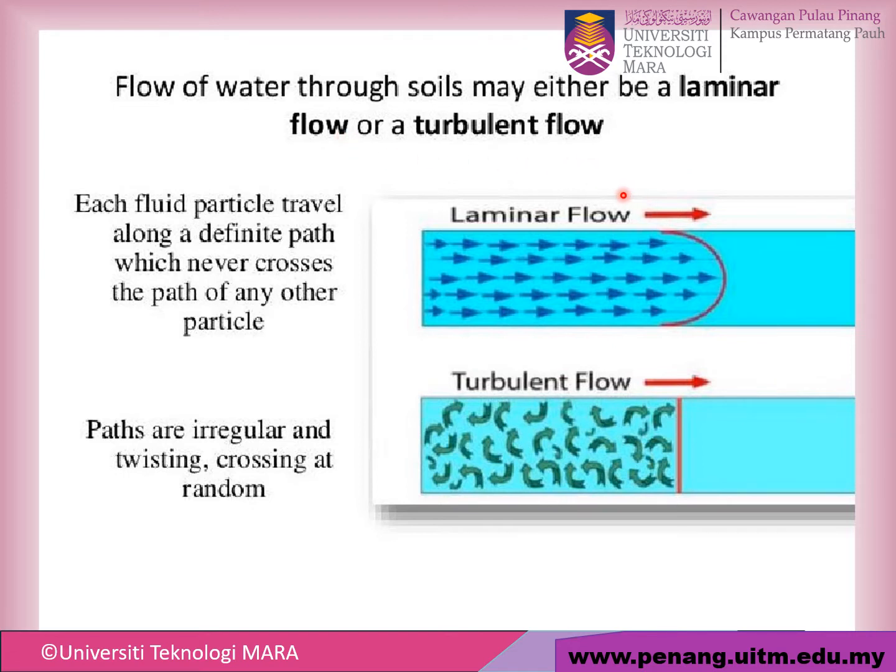So what is the difference between laminar flow and turbulent flow? Each fluid particle travels along a definite path, which never crosses the path of any other particles. So we call it laminar flow. Paths are irregular and twisting, crossing at random, so we call it turbulent flow. Usually this one is for rock and very coarse soil.